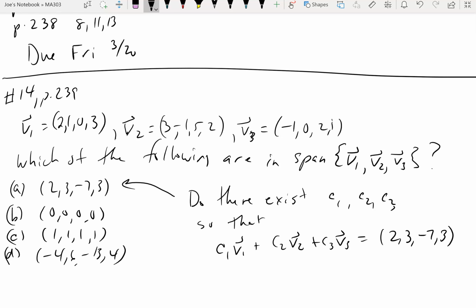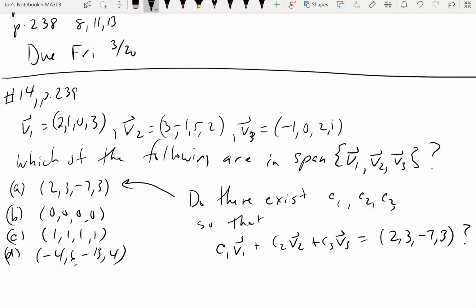That's what the problem's asking, right? Because the left-hand side of this equation is an arbitrary linear combination of V1 out to V3. We want to know, is it possible to find the three constants that give you that vector? It might be the case there are multiple sets of constants that work. We're just interested in knowing, is there at least one?